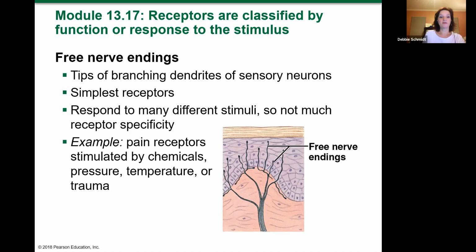Here's an example in the skin. They are just branching out, inserting themselves between cells, and they are typically stimulated by chemicals, pressure, temperature, or trauma. So they can relay several different kinds of information, but they are definitely the most simple.